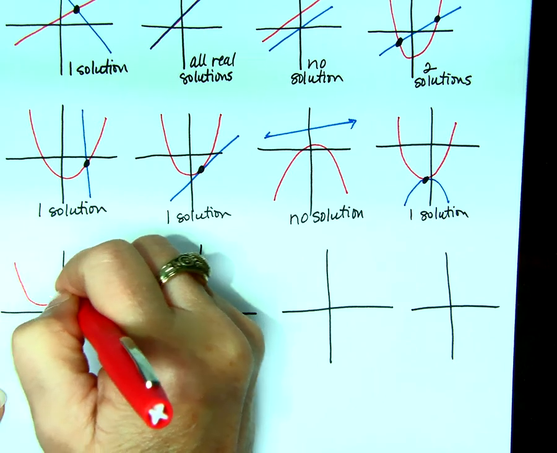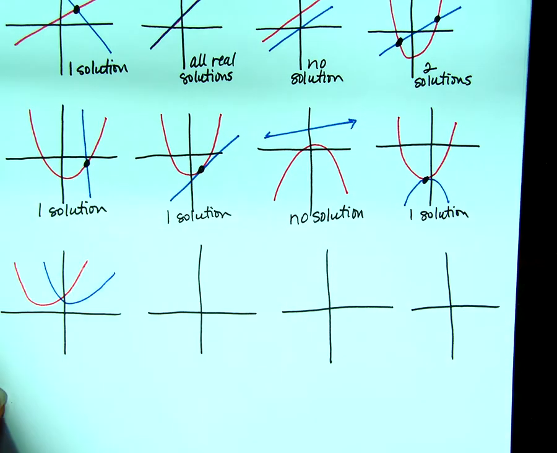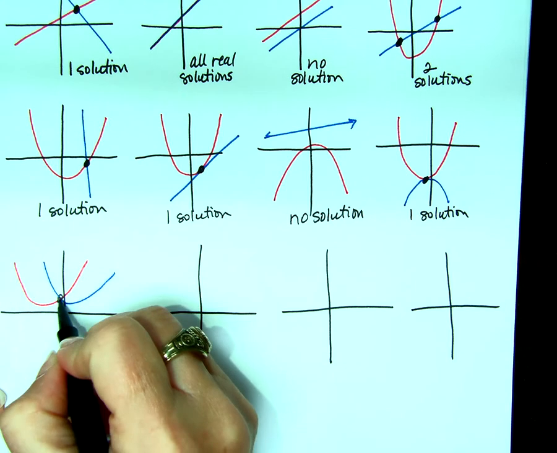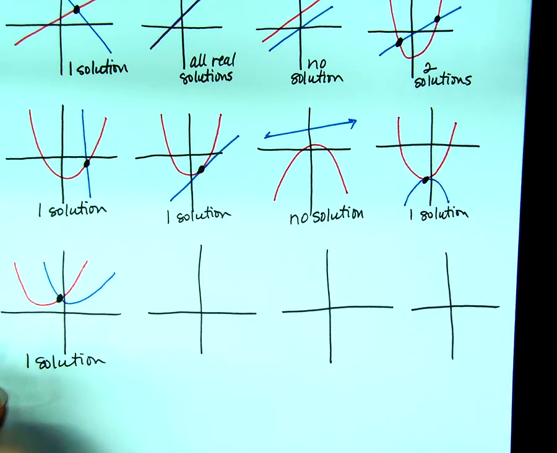So like this and like this. Isn't that also one solution? Right there? So on one solution, that's our only possibility with two parabolas?